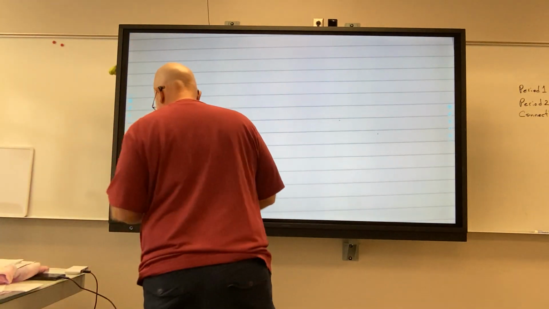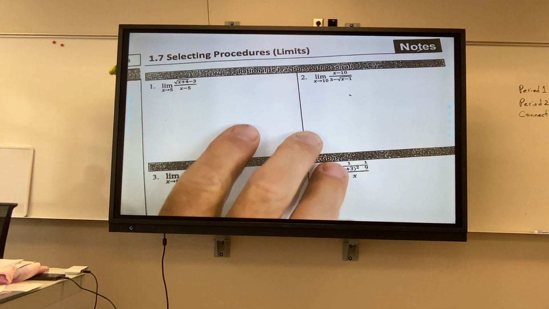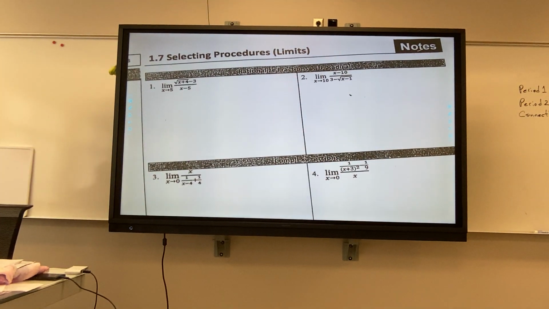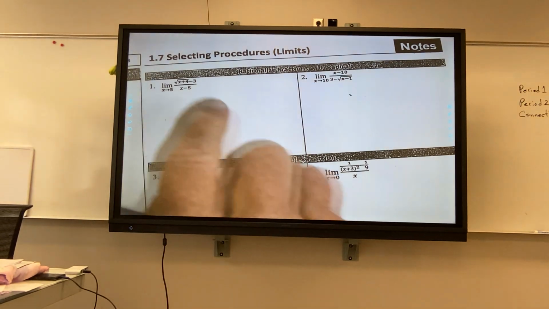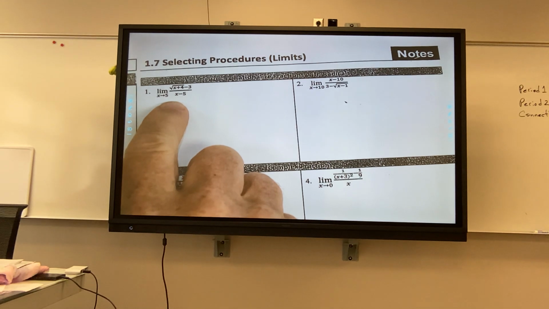So I have 4 problems here, and all 4 of them are limits. This is where we take what we just learned, our algebra, and put it into practice. The first thing I always try to do is substitution, because it's easy.